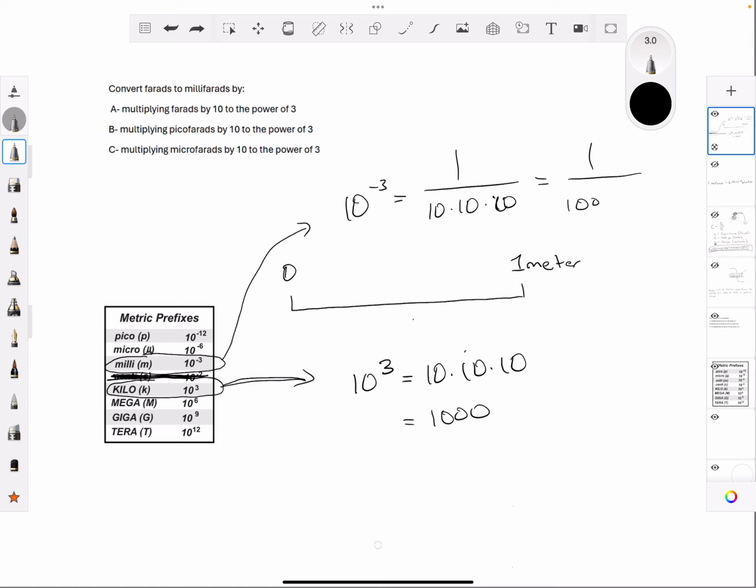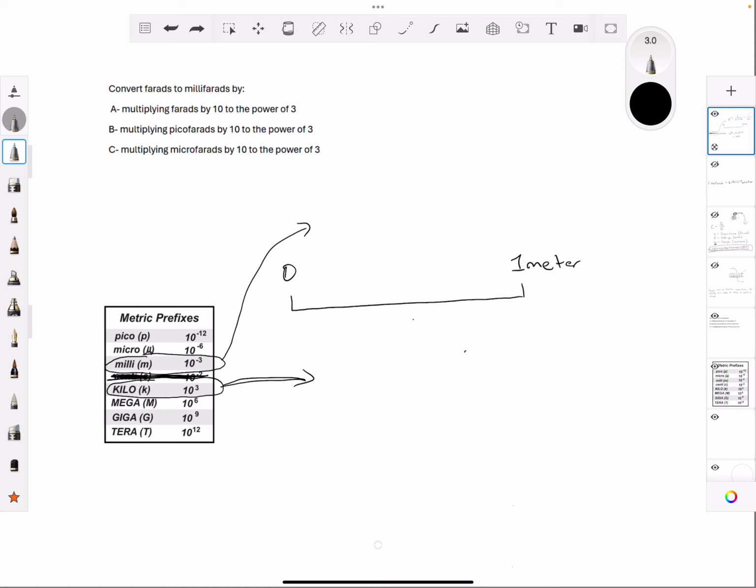So when I have a milli, I'm dividing by 1,000, and when I have a kilo, I'm multiplying by 1,000. Let's take our meter. If I have 1 kilometer, what I have is one of these meters times 1,000. I have 1,000 of them.